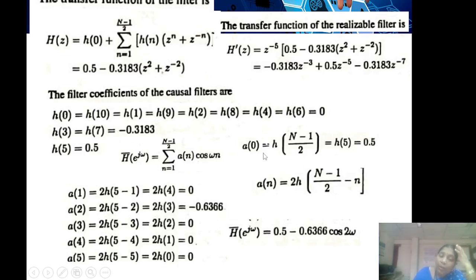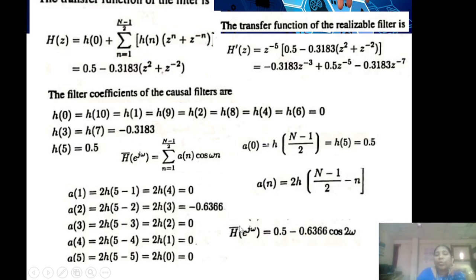To find a(0), we have h((N-1)/2), and for a(n), we have 2h((N-1)/2 - n). Substituting, a(0) is h(5), which is 0.5. For a(2), 2 into h(3) gives -0.6366. So H(e^jω) = 0.5 - 0.6366 cos 2ω.